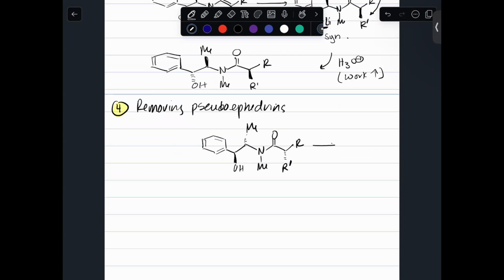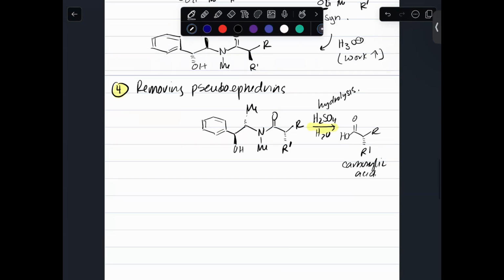You can run a hydrolysis with sulfuric acid and water to form your carboxylic acid. So this is just hydrolysis conditions, similar to what you learned in Chem 124.